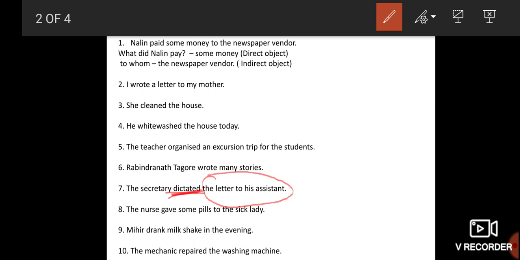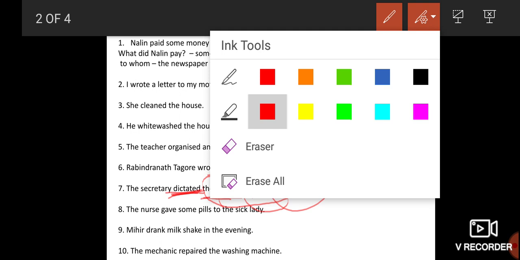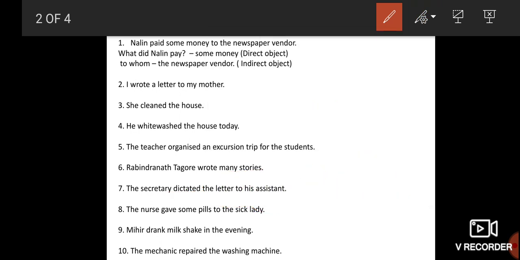Now recognize direct and indirect object. Very simple. What did the secretary dictate? The letter. This is direct object. And to his assistant, this is indirect object. The nurse gave some pills to the sick lady.